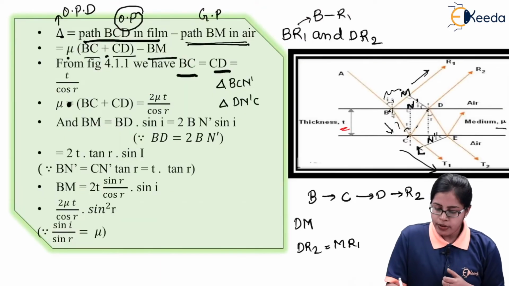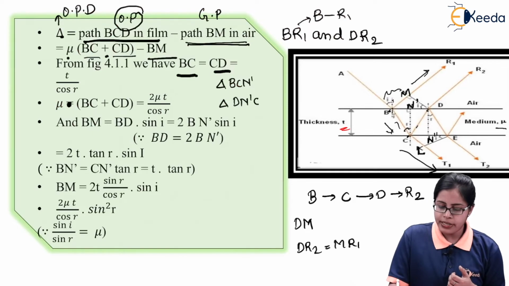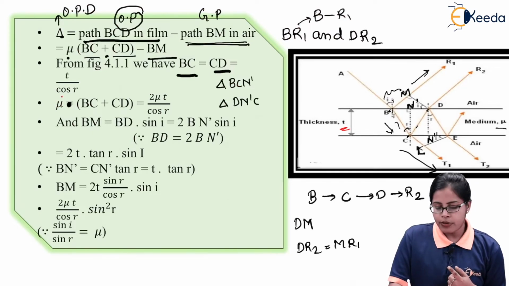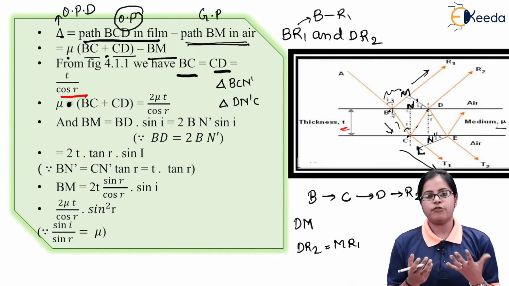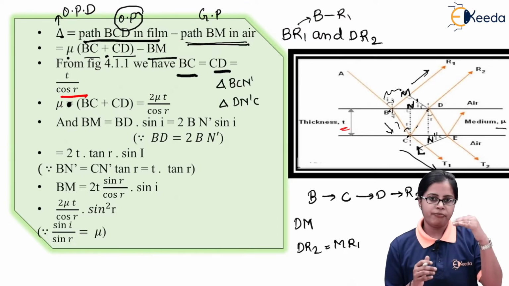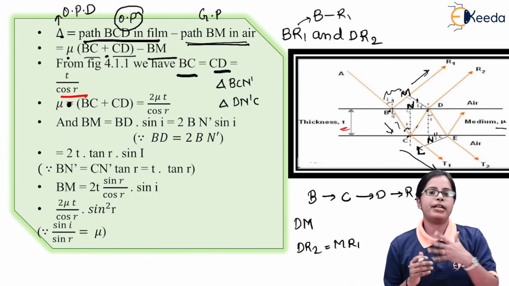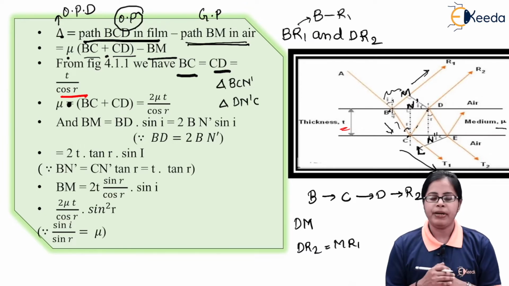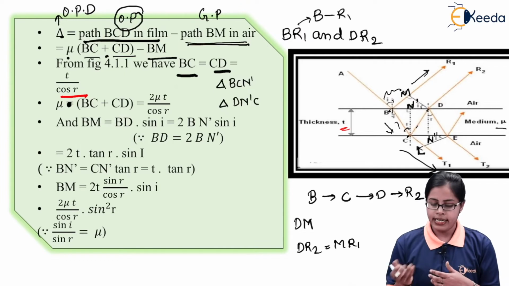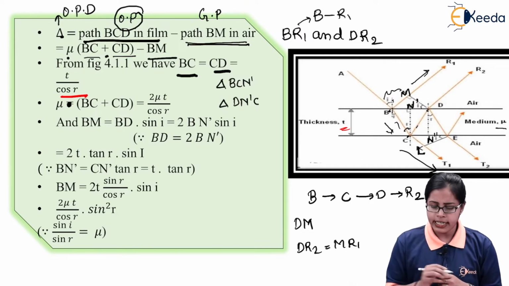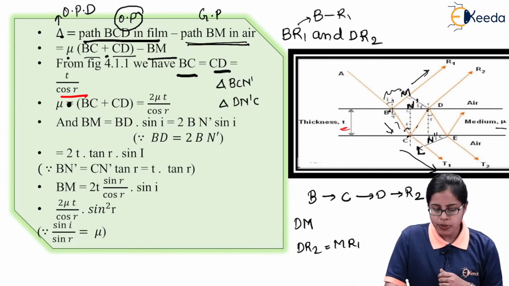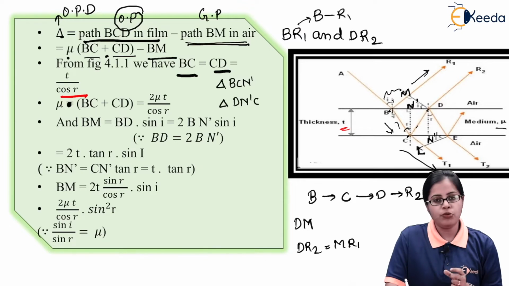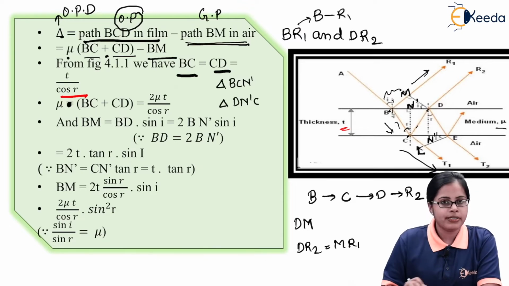So if you look at this equation, we have BC is equal to CD is equal to T by cos R. That is, we have found the two values of BC plus CD, that is the optical path traveled by the light in the thin film of medium having refractive index mu. Like the first part of this equation, it is mu in a bracket BC plus CD.